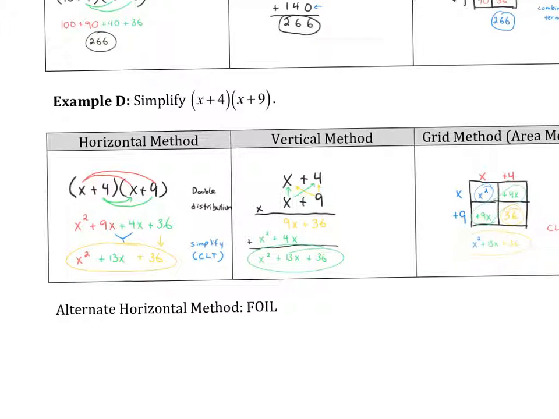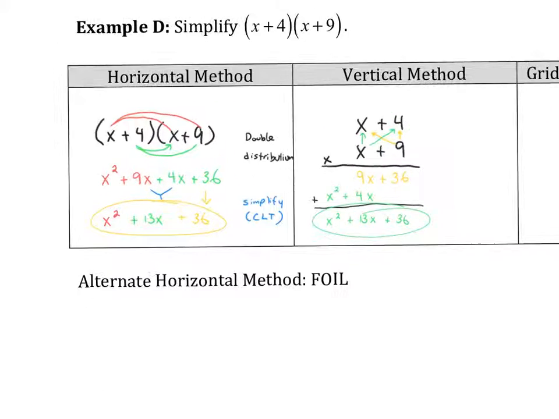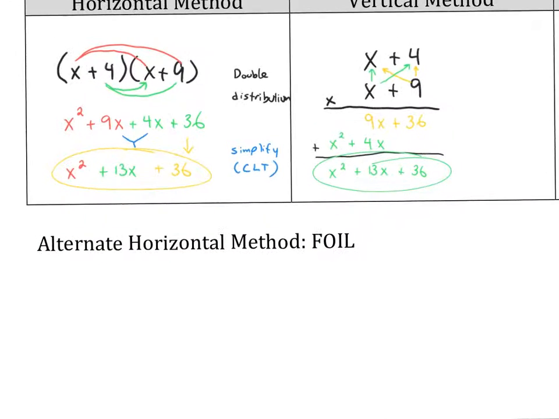Now, I do want to point out one additional method, which is essentially the horizontal method, but it's an acronym that may help you remember things that need to be multiplied. FOIL means this. The firsts, O is outers, then I means inners, and L means lasts.